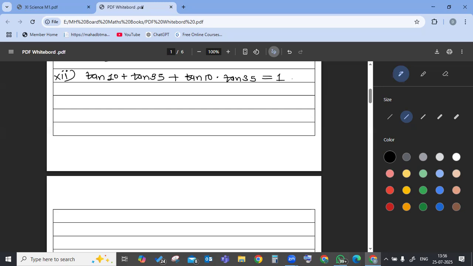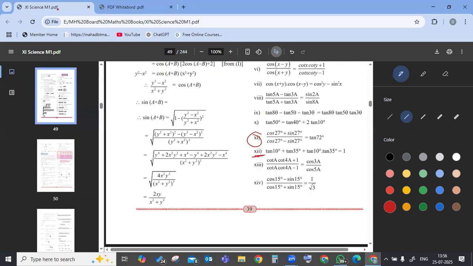Again, use that trick that we did in two questions, in this question and in this question. Now we will use this trick to solve this question as well.